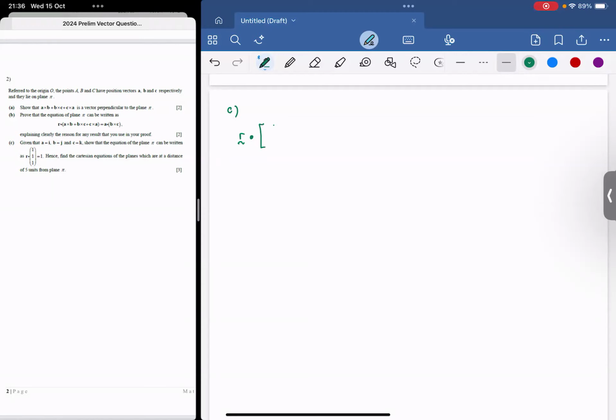So 1, 0, 0 cross 0, 1, 0 plus 0, 1, 0 cross 0, 0, 1 plus 0, 0, 1 cross equal to A dot B cross.